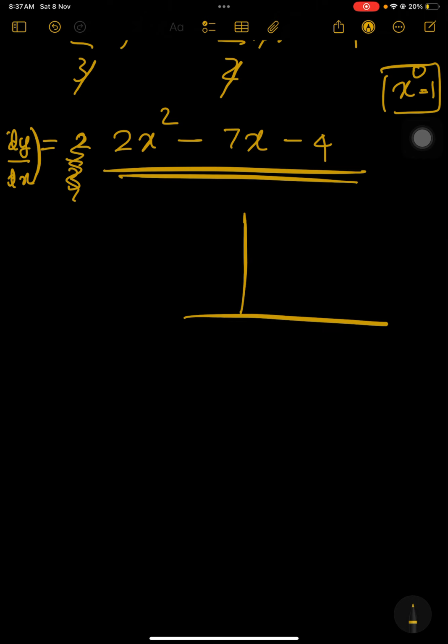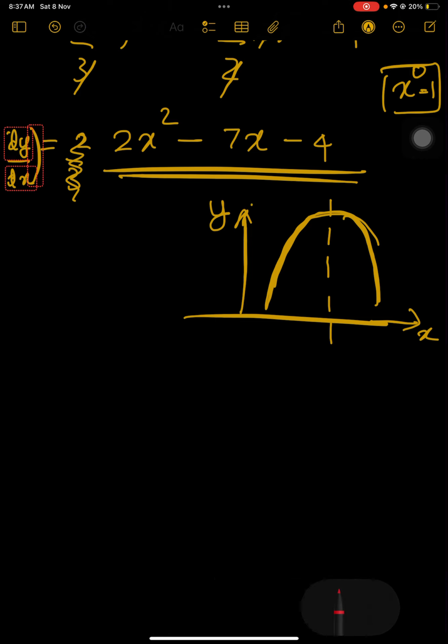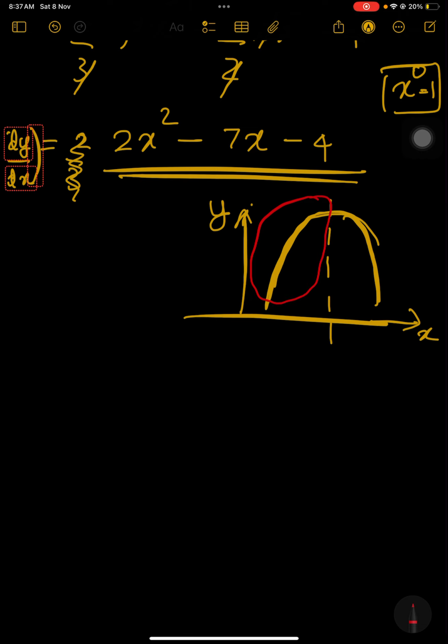For example, let's say there is a graph like this. Can you explain how y varies in this graph? You can talk about this graph in different areas. If you take this area, how is y varying? y is increasing, right? The value of y is increasing in this area.